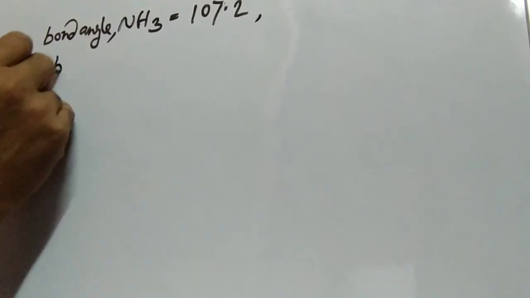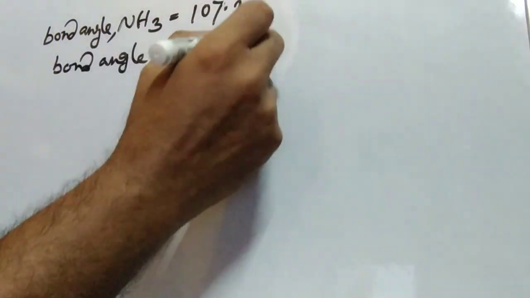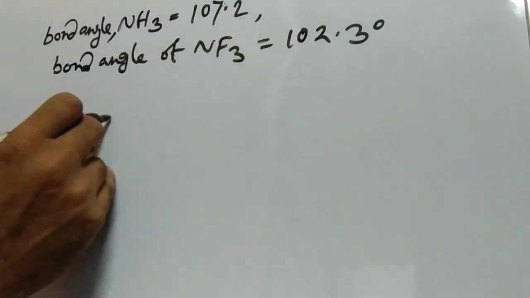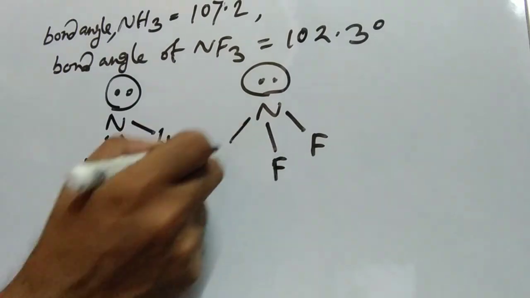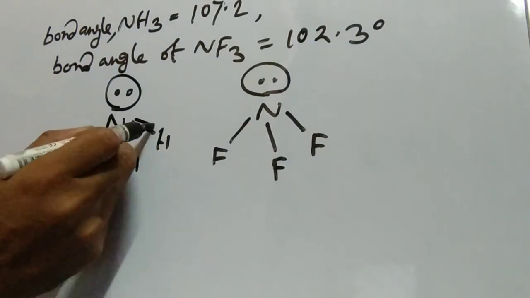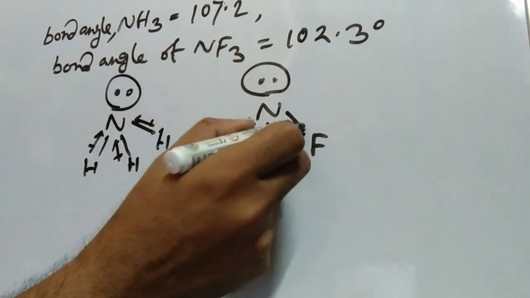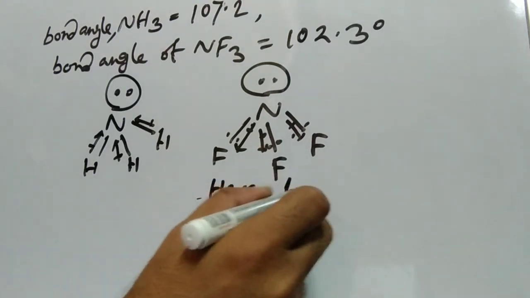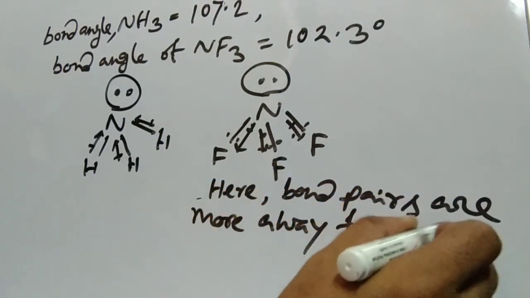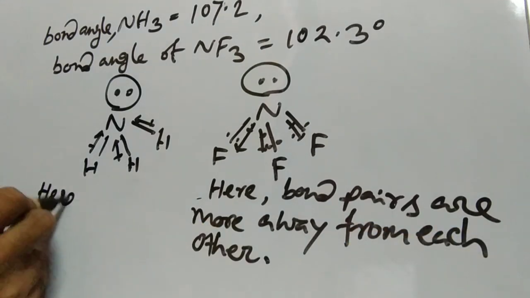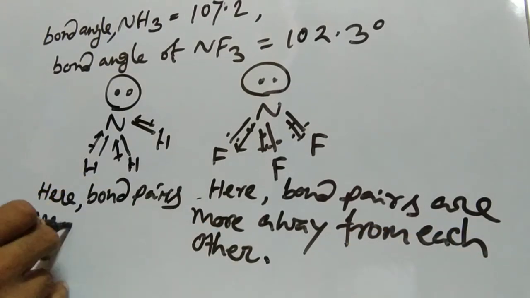CH4 contains no lone pair of electrons. The bond pair interactions bring about the most stable equilibrium bond angle of 109.5 degrees, the angle predicted from sp3 hybridization. NH3 contains one lone pair and H2O two. Lone pair-bond pair repulsions tend to reduce the bond angles.